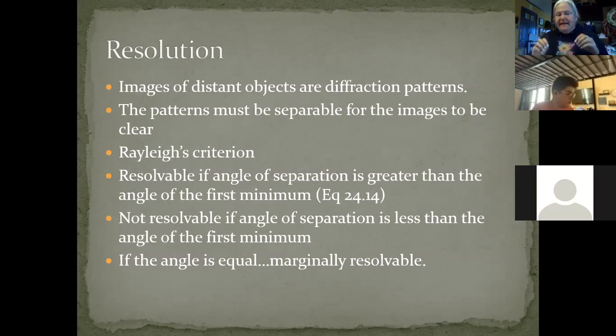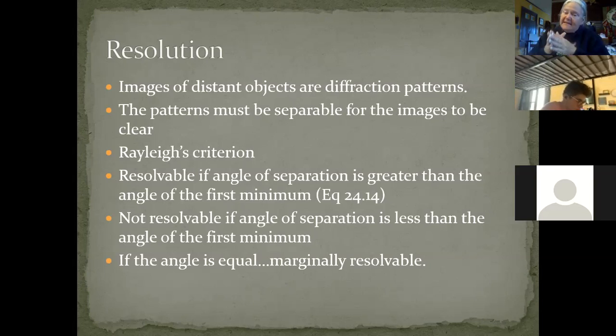So what happens is there's something called Rayleigh's criterion, and they talk about that starting on page 678, where they talk about the resolution and the wave nature of light. They talk about the resolution for a telescope and a microscope.